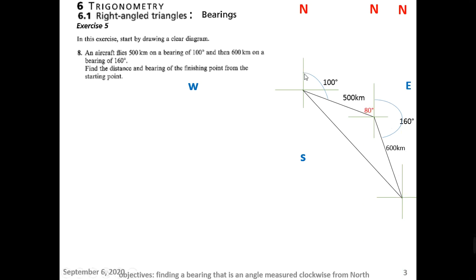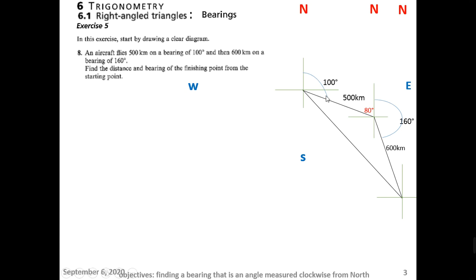Why? Because this is a co-interior angle, right? If we go back to the finding missing angles, using the rules of finding missing angles, the north is parallel to the north at this point, and this angle is 100. Can you see the U here or the C?